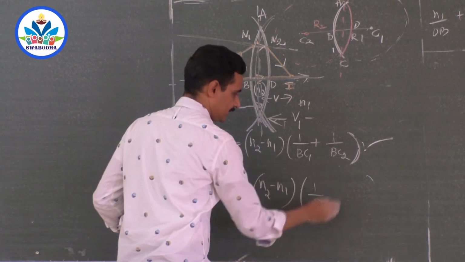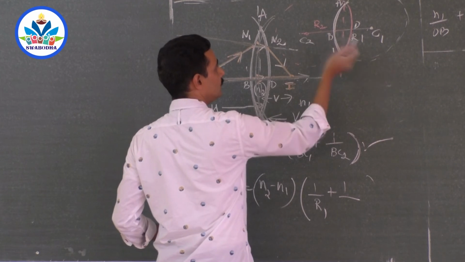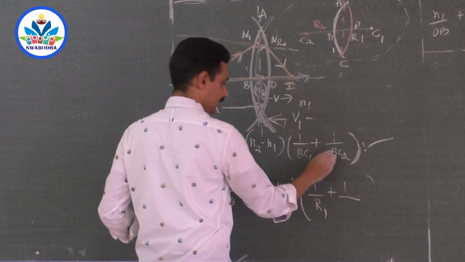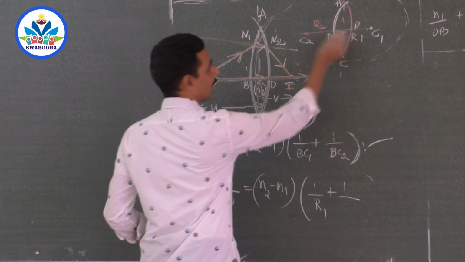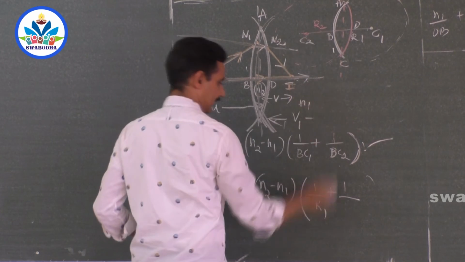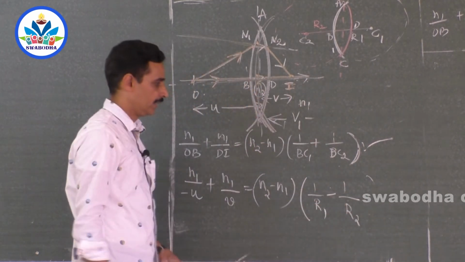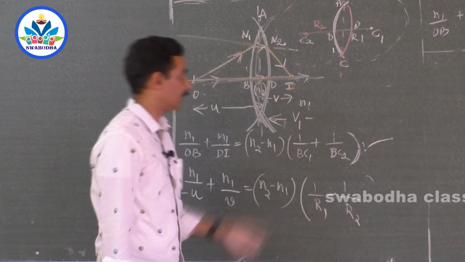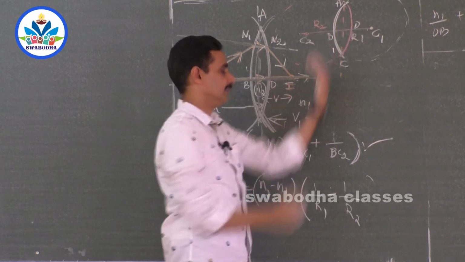And what about BC2? Sorry, it is DC2 actually. DC2 comes from this side to this side. It is on the left hand side, so it is R2 with a negative sign. So I'll put a negative here, no problem. So 1 by R1 minus 1 by R2. R1 is on the right hand side, R2 is on the left hand side.